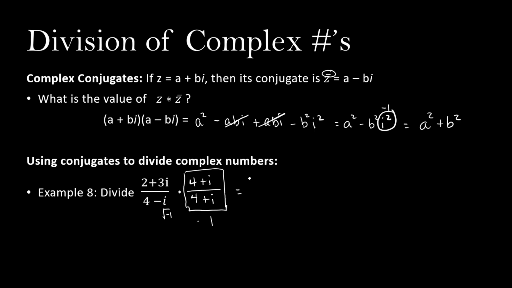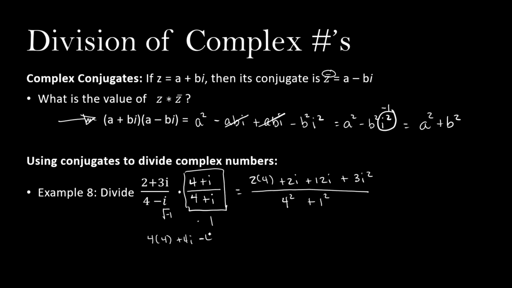In the numerator, I'm going to have 2 times 4 plus 2i plus 12i plus 3i squared. In the denominator, if I follow this example here, what I'll end up with is 4 squared plus 1 squared. Okay, if you want to FOIL it out, you'd get 4 times 4 plus 4i minus 4i minus i squared.